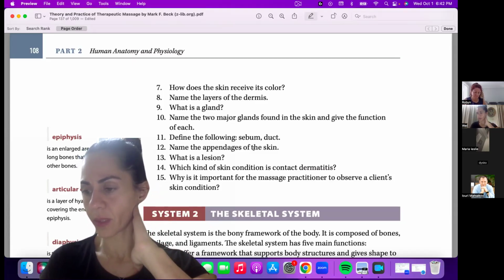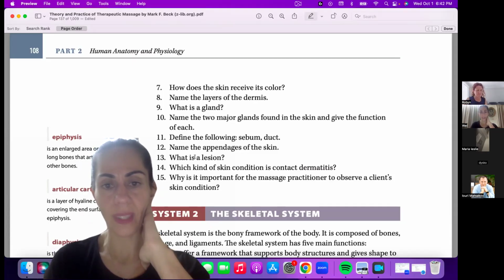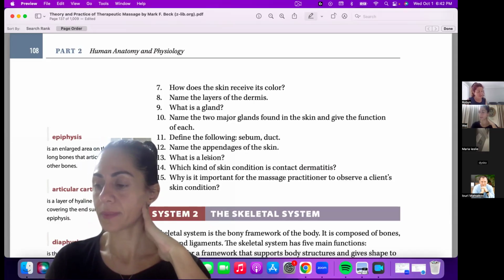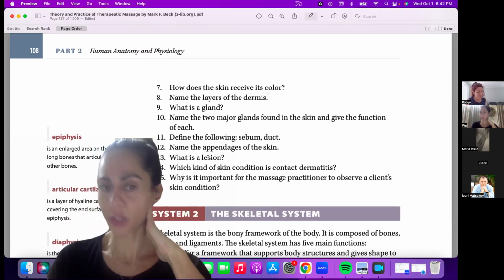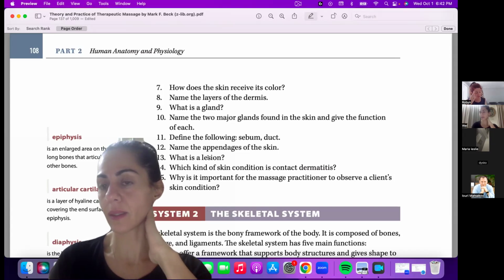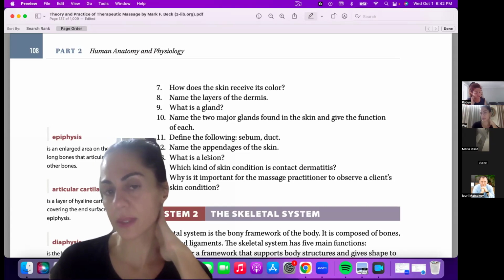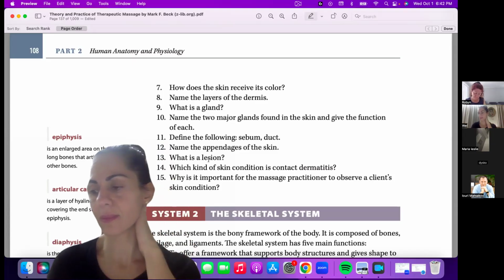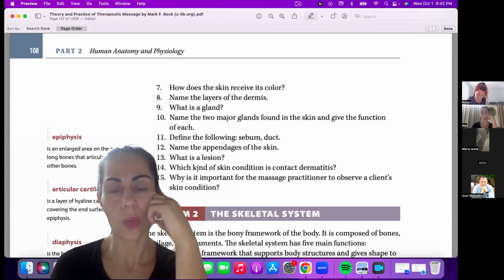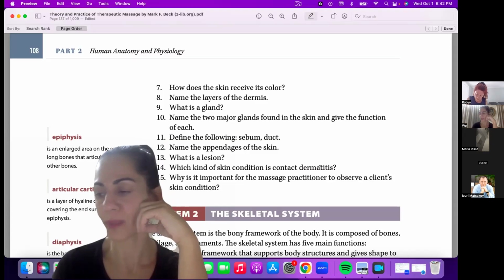Okay. Now number 13. What is a lesion? A structural change in the tissue. And is it caused by injury or disease? Yes. Awesome. Number 14. Which kind of skin condition is contact dermatitis?